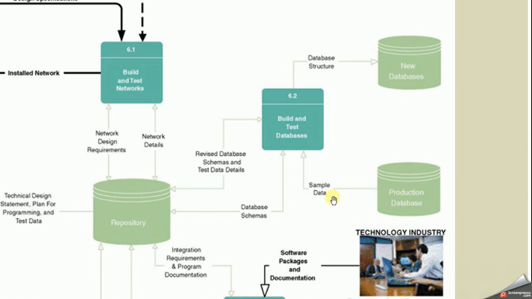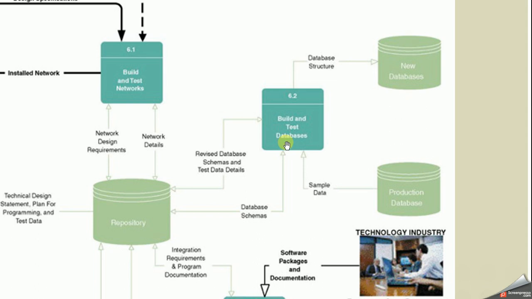So from the existing system, existing database, we will take the sample data to implement this schema that we have taken, to develop the schema, to test it, and if some changes are made, the revised database schema will be stored in the repository, and at the end of this phase, when we have a successful test of the database schema, we will have a new structure in the new database, right?